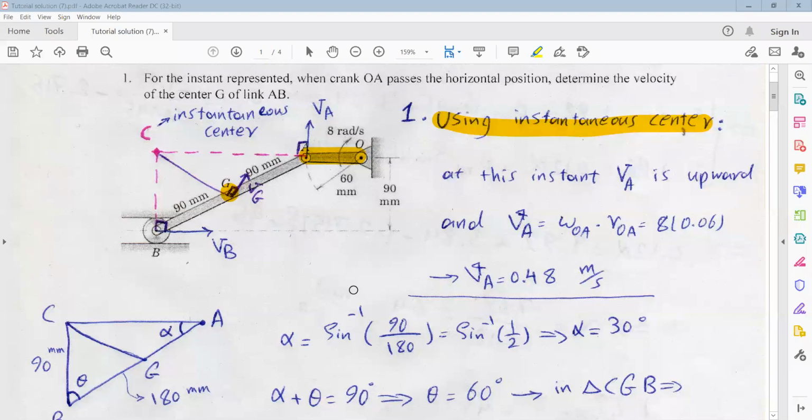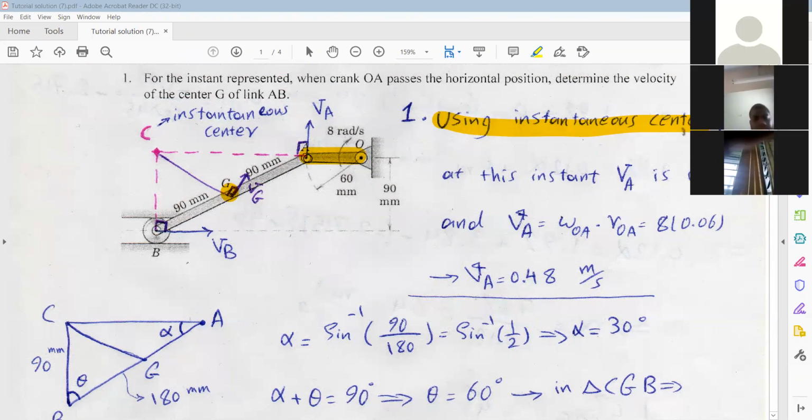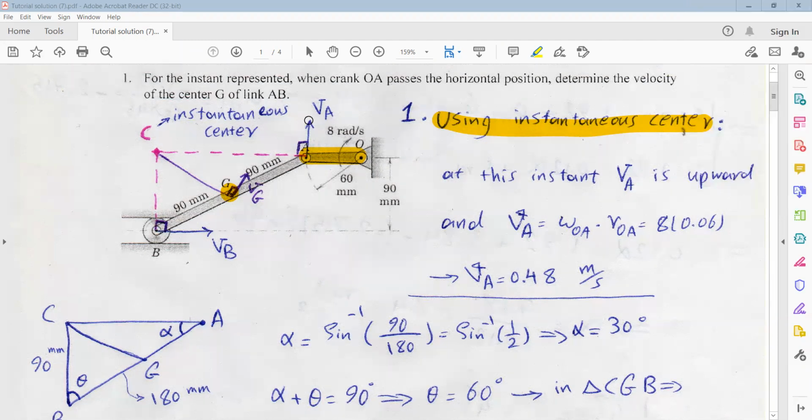Yes. So in this link, we need to obtain the velocity direction for two different points, which here in this example, the best option is point A and B, because we know that at this instant, point A is rotating about point O, so its velocity is vertical, as I told you, and point B is moving in the slot, so its velocity is horizontal.